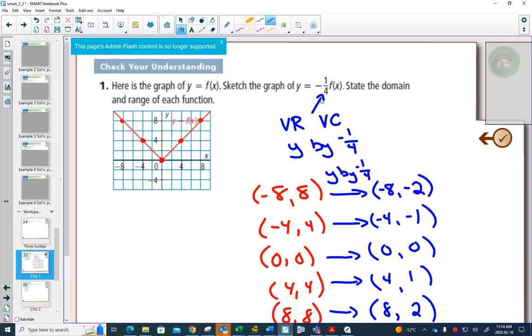So now I'm going to take these blue points, and I'm going to plot them. Negative 8, negative 2. Careful, the scale here is going by 2's. Negative 4, negative 1. 0, 0. 4, negative 1, and 8, negative 2.